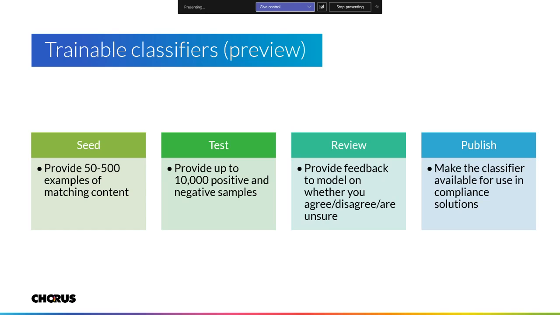You then move to a test phase, so you give it up to 10,000 items to test, and some of them should be positive matches, so some of them should be invoices, and some of them should be not invoices, something else. The model then goes through and has a go at classifying all of your test data.